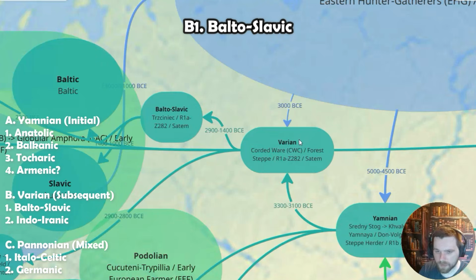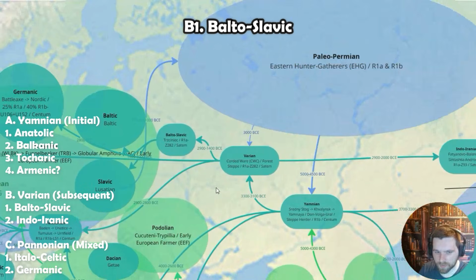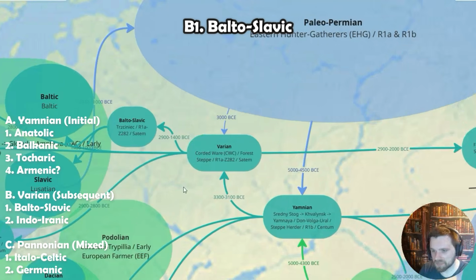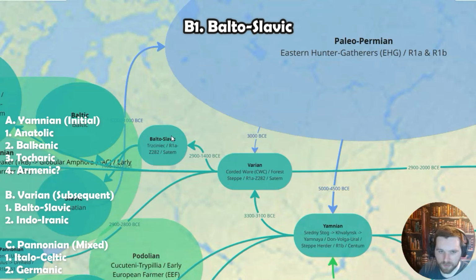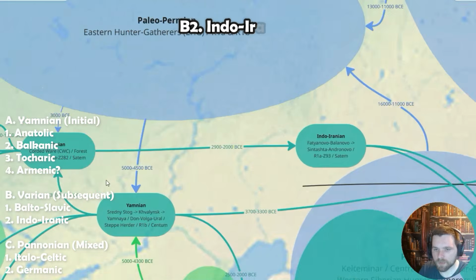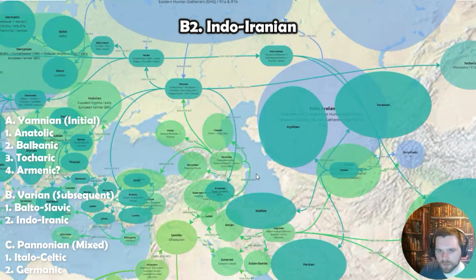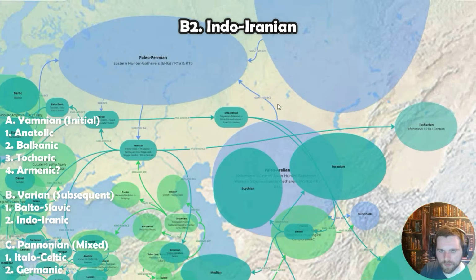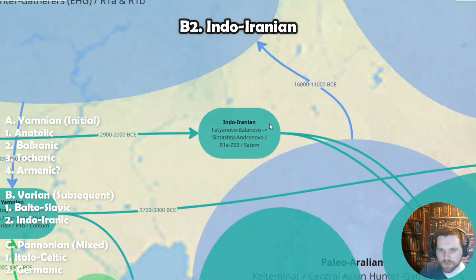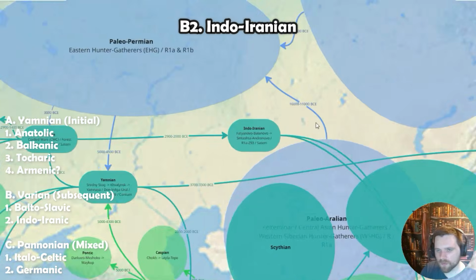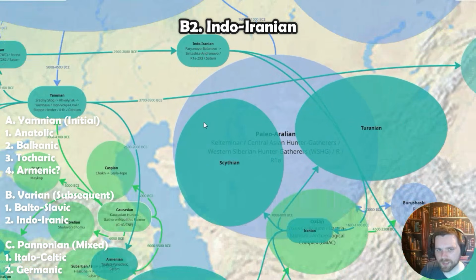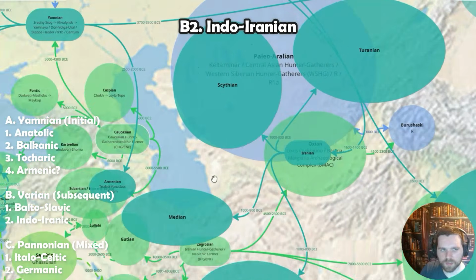Then, like I covered with the Corded Ware, there are really two branches that we can treat as existing today. There's Balto-Slavic, which is relatively right where its homeland has always been, and then over, of course, with Indo-Iranian. The other interesting branch, also having to do with chariots, is, as I said, Sintashta and Andronovo culture invented chariots, and they quickly put them to use, and the technology spread.